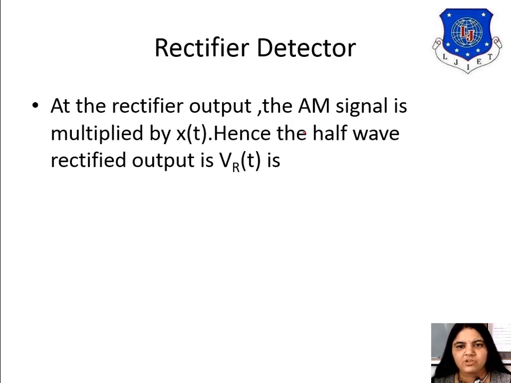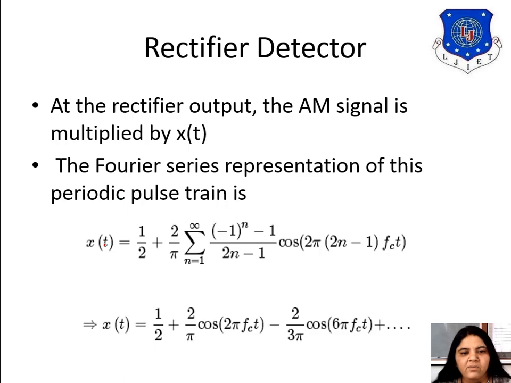Now at the rectifier output, the AM signal is multiplied with x(t), that's a pulse train. Hence the half wave rectified output is as follows. Here you can see x(t), that's a pulse train. In the earlier video we have also seen that, when the pulse train is there, the Fourier series representation of x(t) is equal to 1/2 plus 2/pi cos 2 pi fc t minus 2/3 pi cos 6 pi fc t plus and so on.